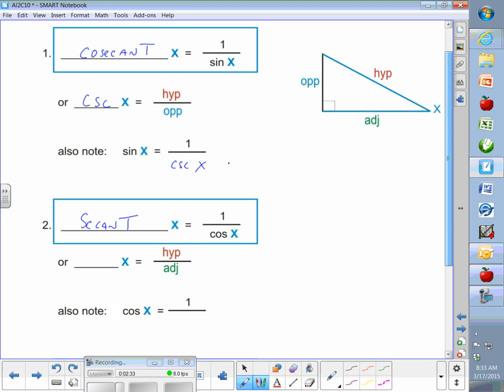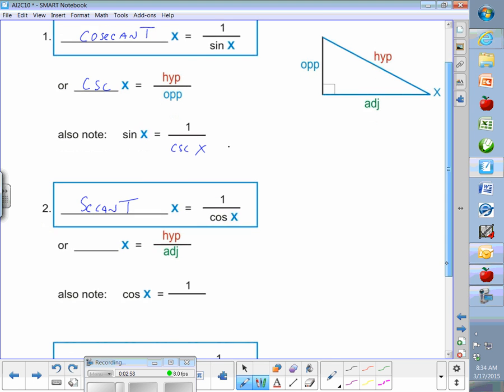How can you keep straight which is which? Each main function has a co that goes with it. We just had sine, and then we had not cosine, because cosine is a basic function, one of the three main ones, but cosecant. Our second main one is cosine, so we've got to have one without the co, and that's secant.